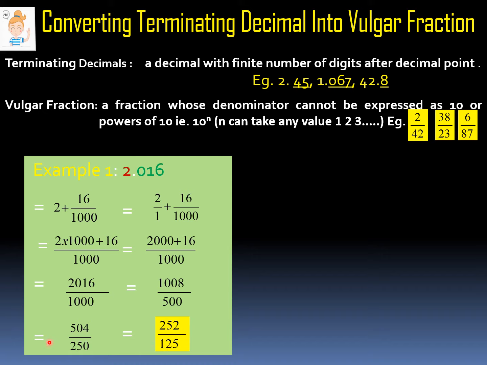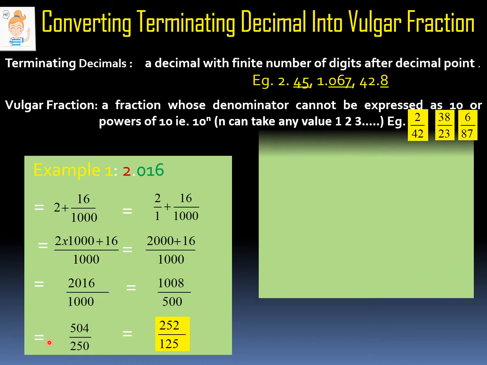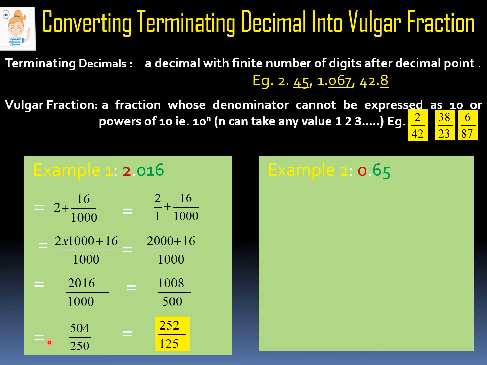Let us solve another example. 0.65. In this we have 0 before decimal point. So we'll write 0 plus, we have digits till 100th place.